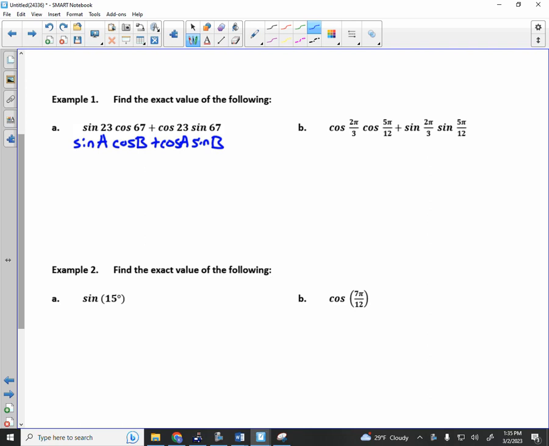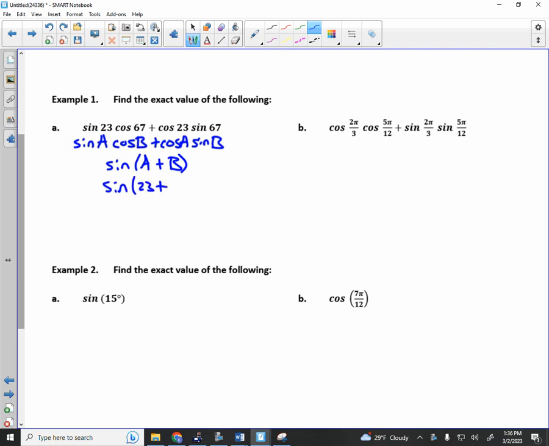And that's the same thing as what? Sine of A plus B. So, Zizi sees it. She says it's the sine of A plus B. All we have to do is decide what is A and what is B. In this problem, what is A? 23.